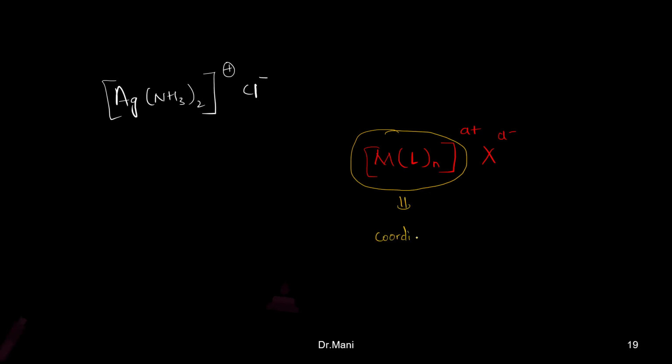We'll talk about what a coordination entity is, but just now remember this entire thing is the coordination entity. It will exclude the chloride, which will not come. Only this part will come under the coordination entity. Understood? So what is this coordination entity?